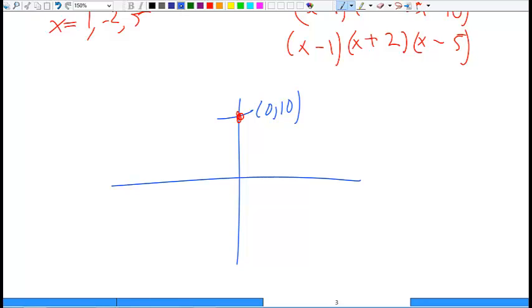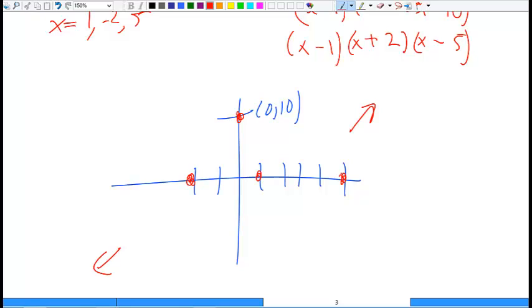I know end behavior-wise it's going to come up. So it's going to go first and third, so I can fill that in. I've got a couple of intercepts that I can label. I know it crosses at negative 2, at positive 1, and at positive 5.